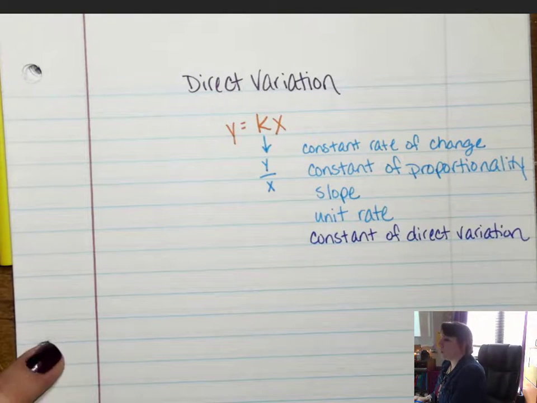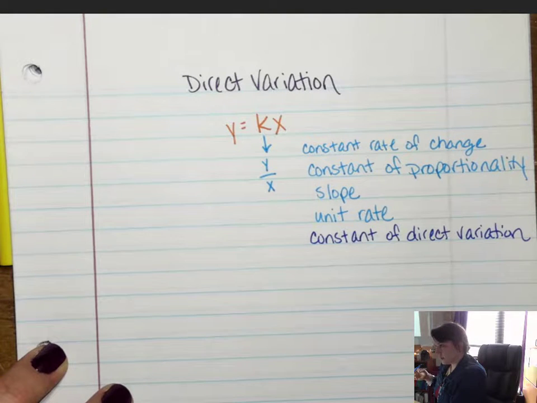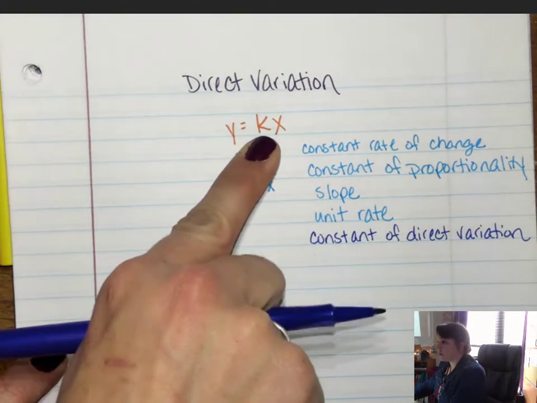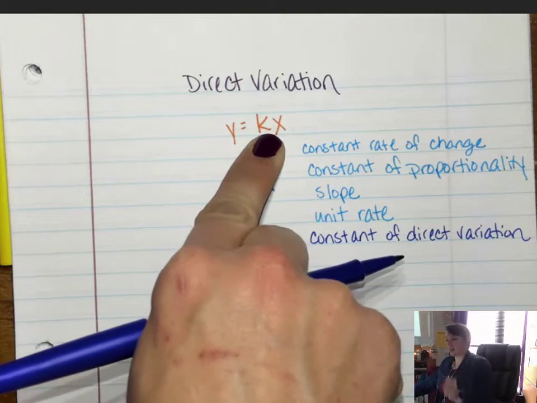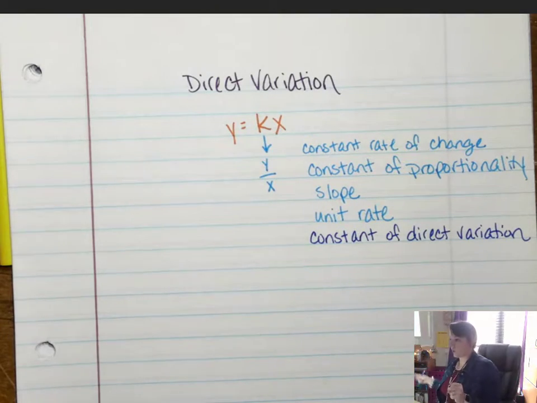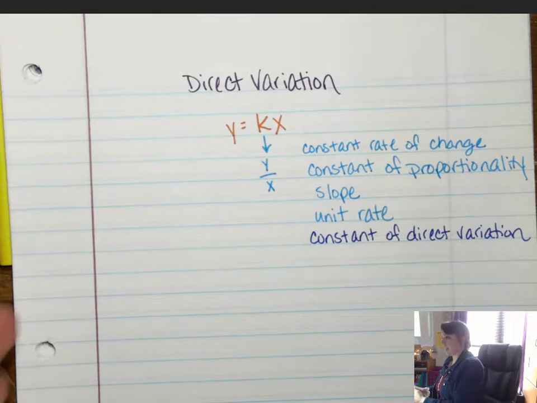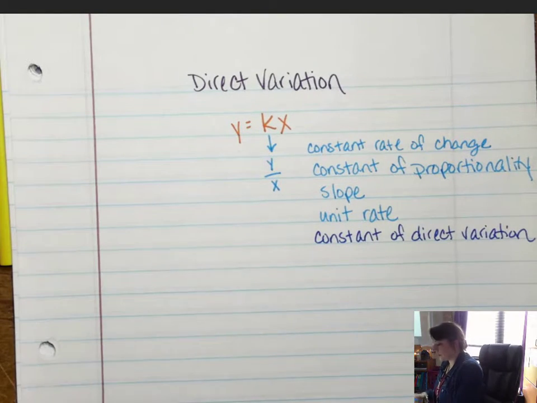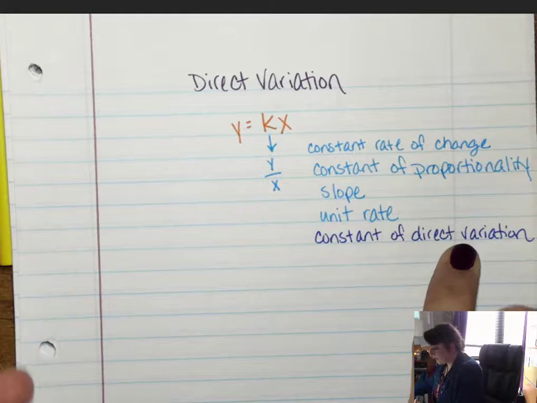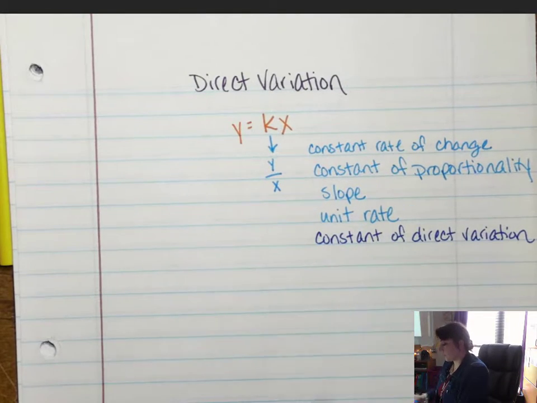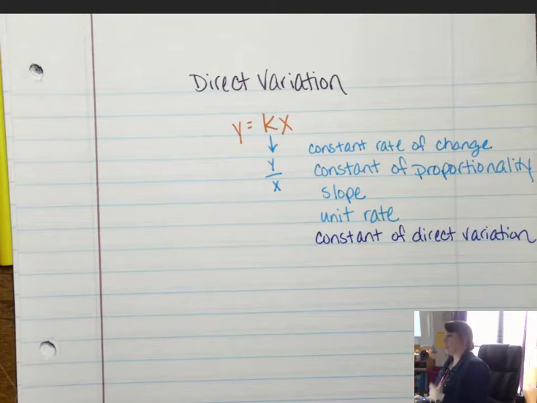If you think about what direct means, this varies directly with this. It's a multiply relationship. Anytime you can take your x and multiply it to get y, it fits this category. It's a proportional relationship. It's a direct variation. This is the unit rate. It's a constant rate of change over and over. All of those things are the same. Okay?